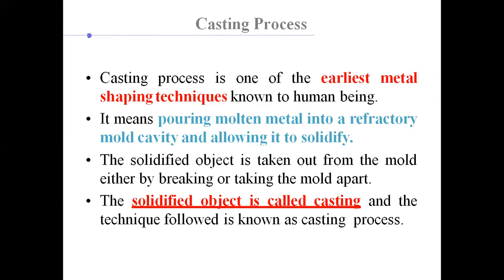You have a hollow cavity, that's what we call a mold cavity. So we're pouring molten metal into that cavity and then allowing it to solidify, right? So it's a time-based process, and that solidified object is taken out from the mold either by breaking or taking the mold apart, right? Once that is solidified, we're taking it out from the mold, either breaking the mold altogether or removing the pins, etc., that we have put.